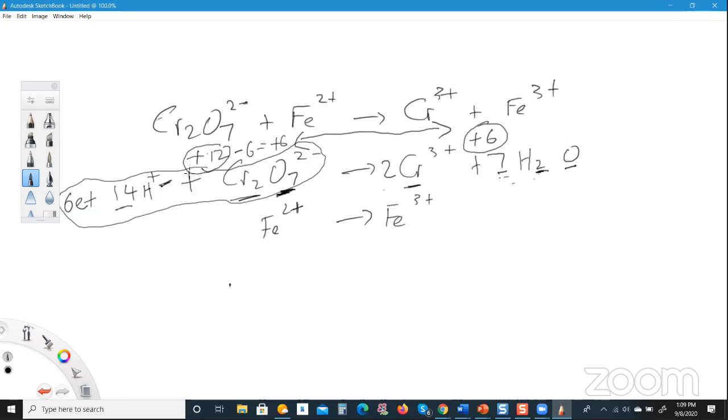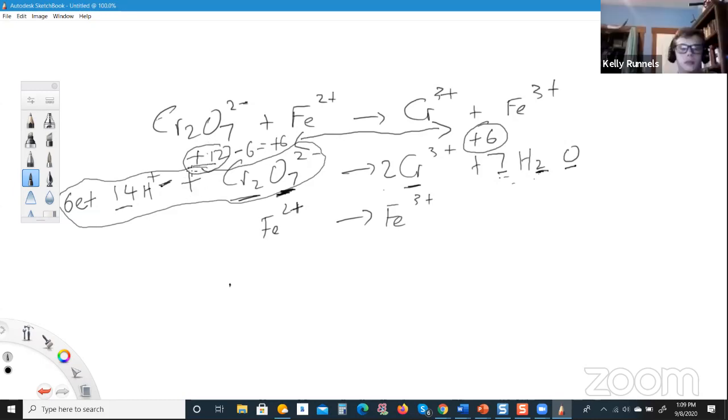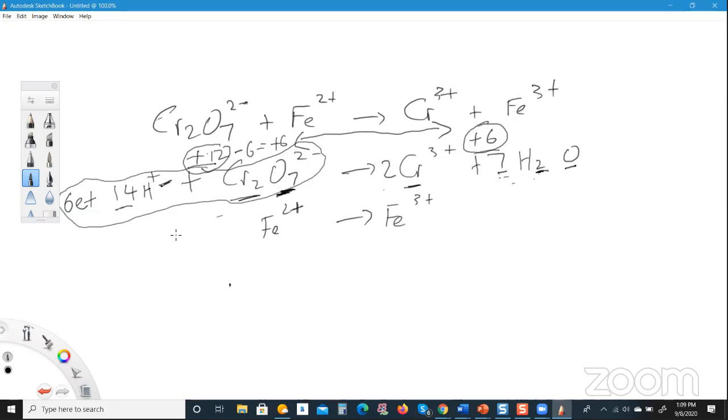So in this case, we added up all the charges to get plus 12 on the left side, and on the right side is plus 6. So we need to reduce the plus 12 to plus 6 by adding 6 electrons. All right, and therefore now we have the charges balanced on both sides.